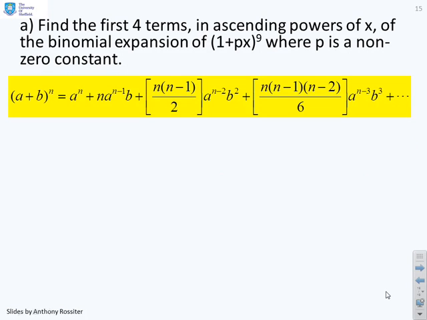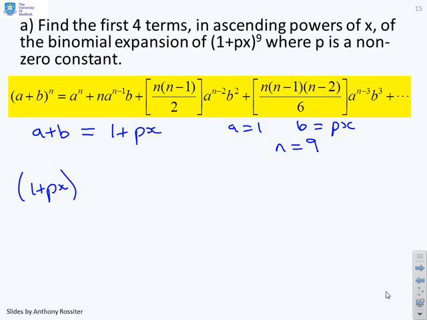So what have we got? a + b = 1 + px, and therefore a = 1, b = px, and n = 9. So I substitute those values in, and I'm going to get (1 + px)^9 = 1 + 9px + (9 times 8 over 2)(px)^2, and it's asked for 4 terms, has it?